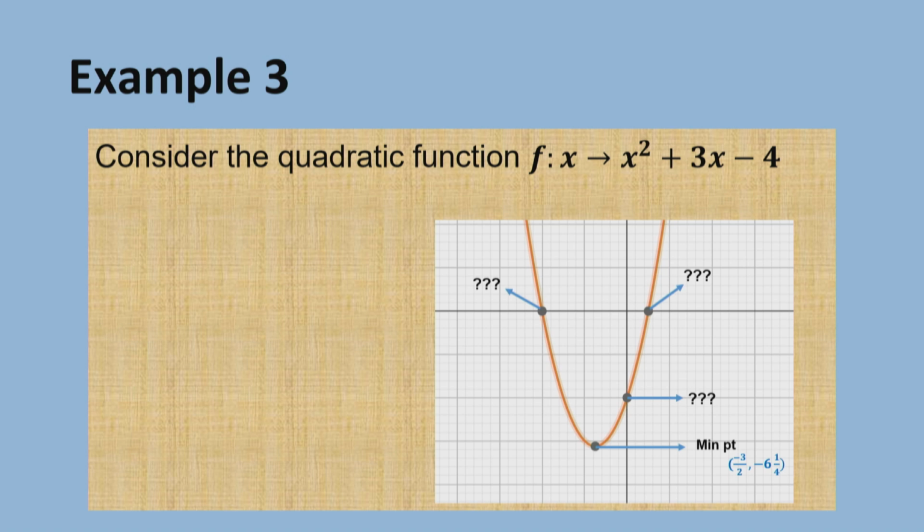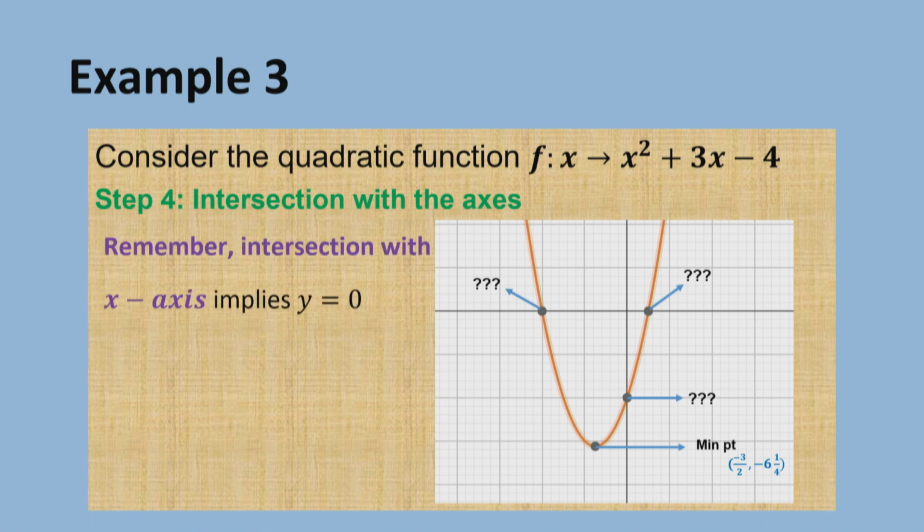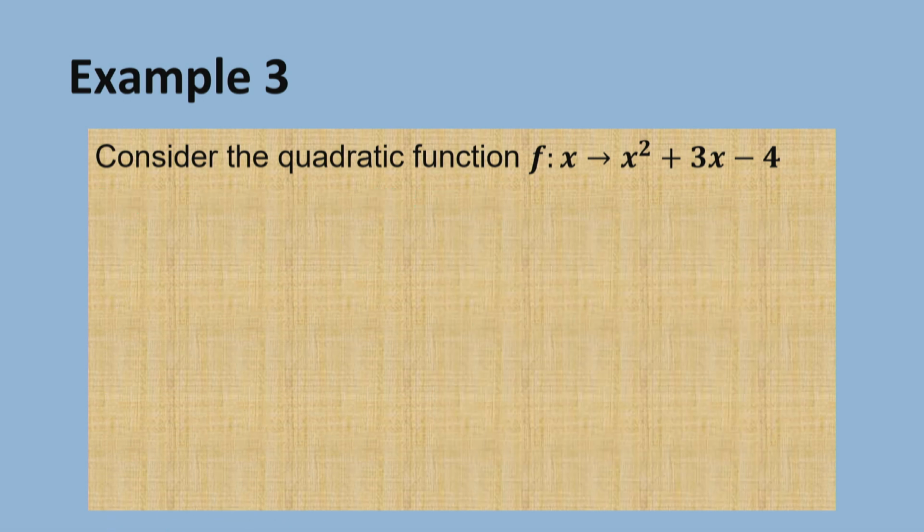Right. Now, how do we proceed? Well, we need to find these points. Remember, intersection with the axes. X-axis implies y equal to 0 and y-axis implies x equal to 0. So let's proceed. Intersection with the y-axis, you replace x by 0. Where do we replace x by 0?